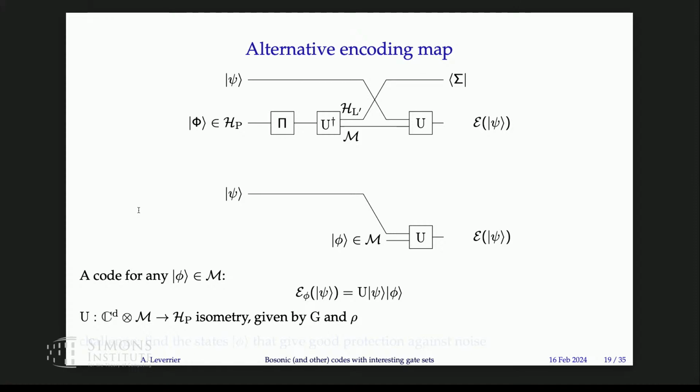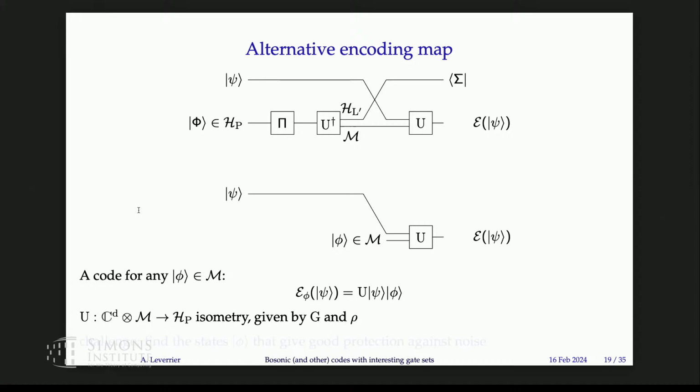So the codes that satisfy these relations are in one-to-one correspondence with the states that live in this multiplicity space. In general, this multiplicity space would be like C2, C3, C4, whatever. So you have a Hilbert space here, and you can choose any state inside it. Any state will give you an encoding that has the covariance property that you want.